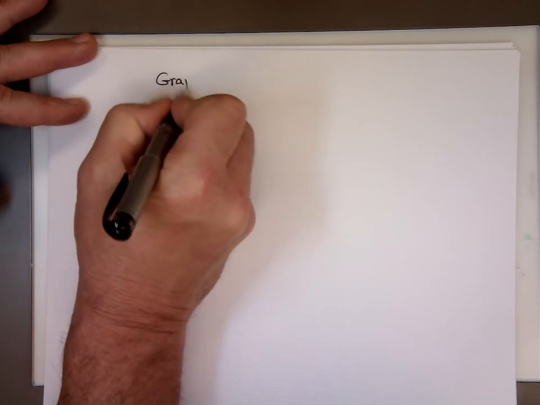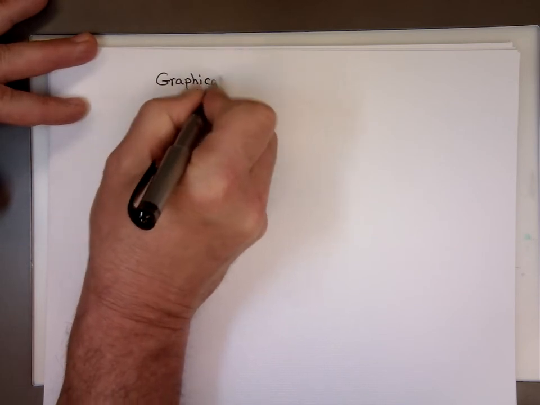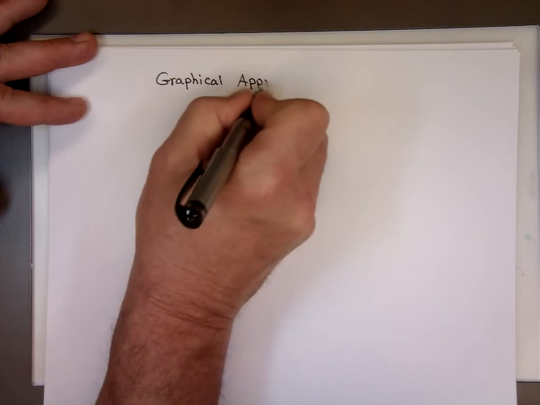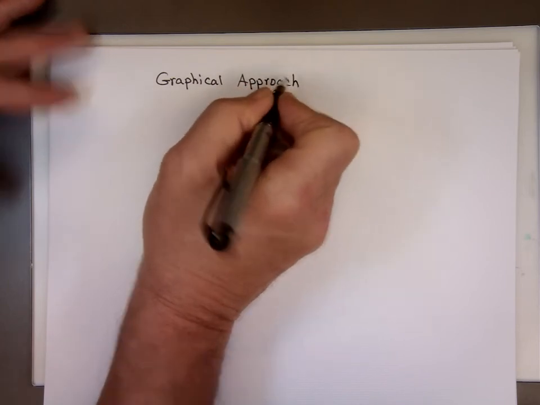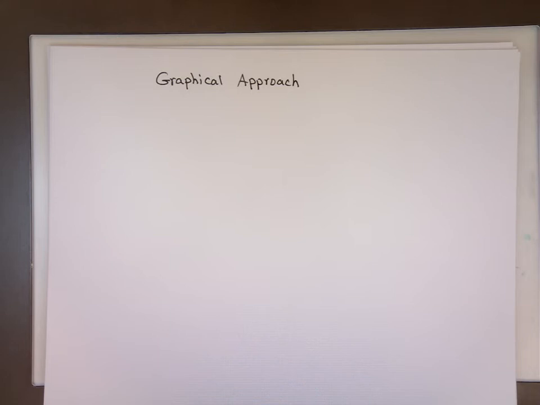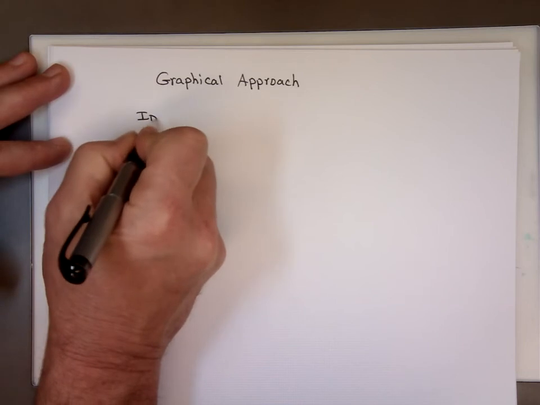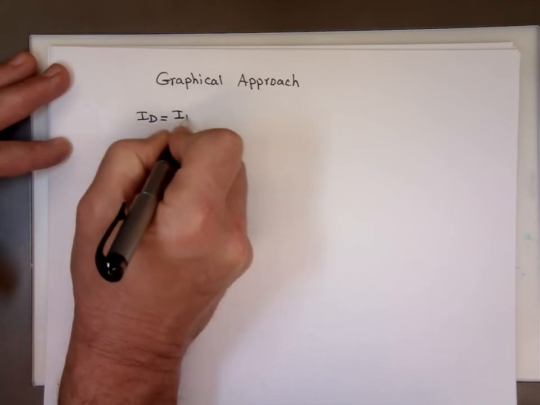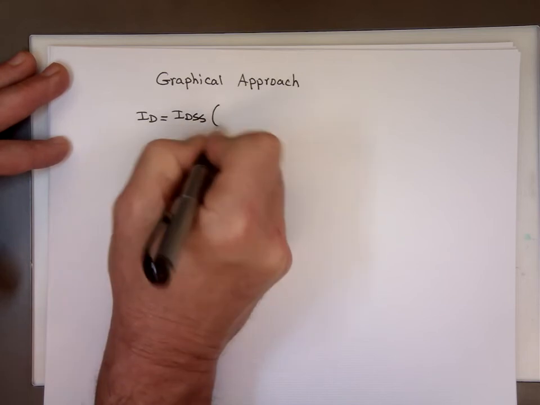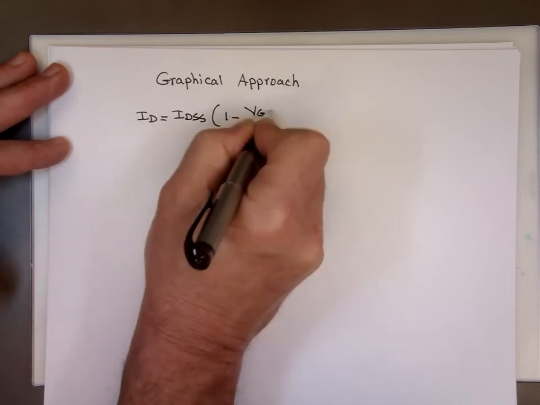So this is the graphical approach of the same circuit. If you remember the current through the JFET, we said has this equation, I sub D equals I sub DSS times 1 minus VGS over VP squared.